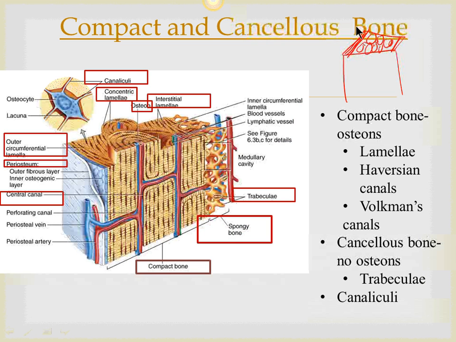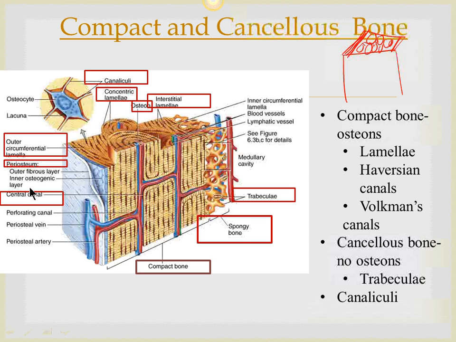Now the outer covering of bone is covered by a membranous layer, which I can say is like the skin of the bone. This membranous layer is known as the periosteum. It's very important: peri meaning on the outside, osteum meaning bone. So it's on the outside of bone.